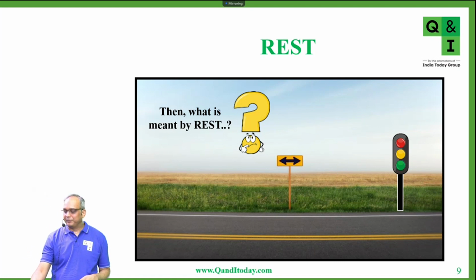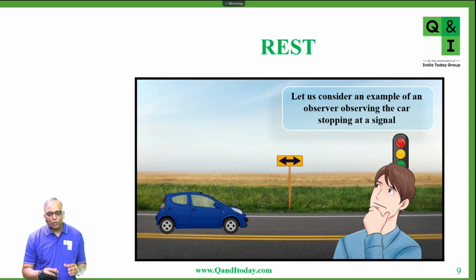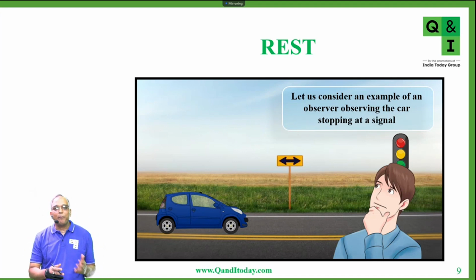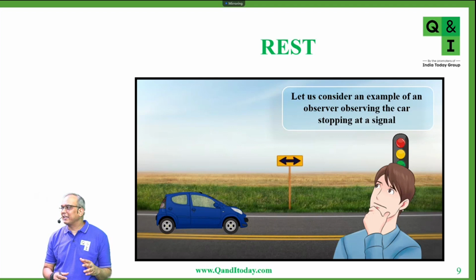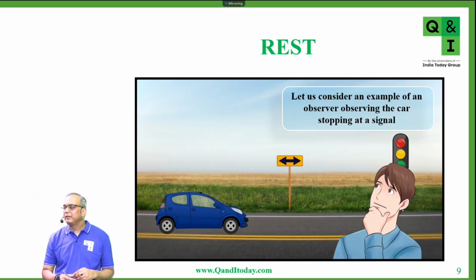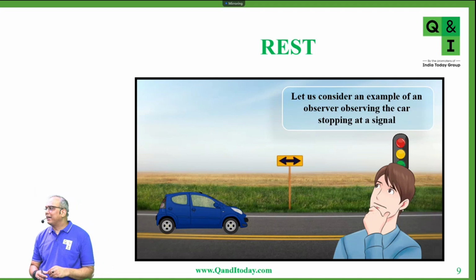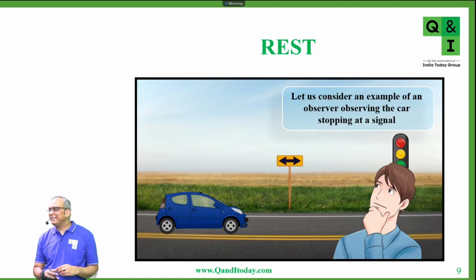Okay, thank you. So let us consider an example of an observer observing a car stopping at a signal. Let's say a car has come to the signal and it has stopped. Kavin, your question is, can an object move without respecting its surrounding?